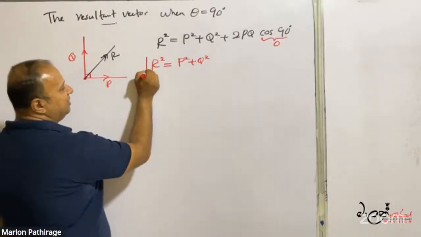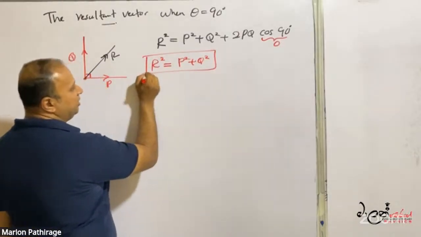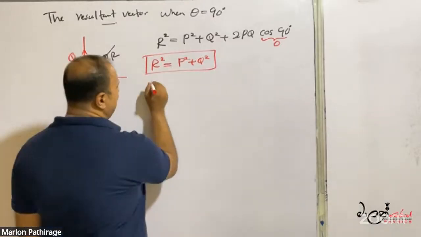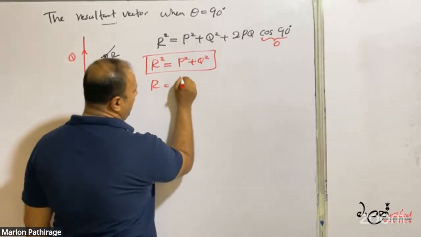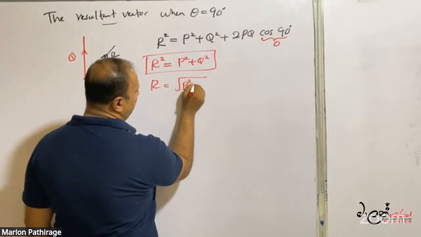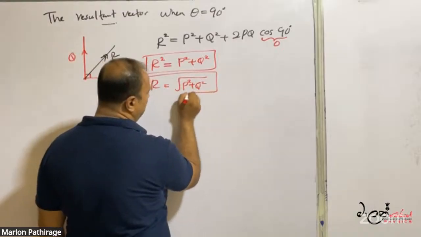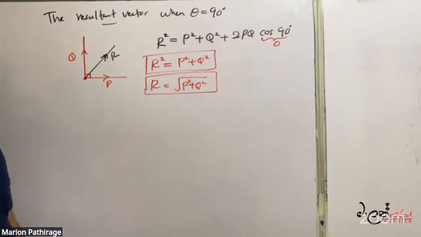R squared is equal to P squared plus Q squared. That means R is equal to the square root of P squared plus Q squared.